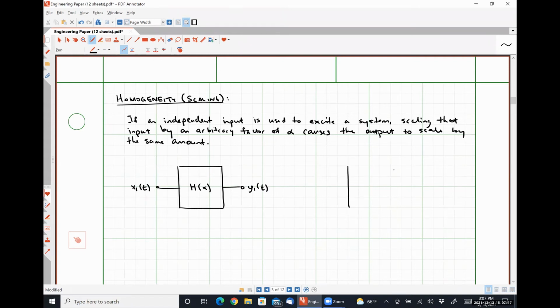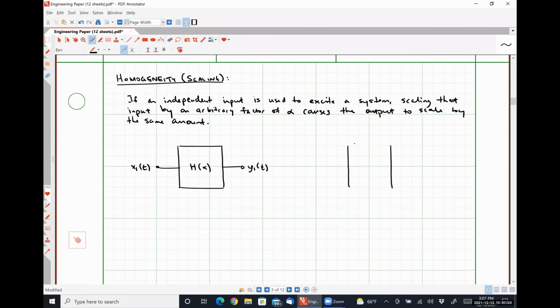If we take that same black box network and apply an input of alpha x1 of t, then we should observe an output of alpha y1 of t if this system obeys the scaling property. So effectively, if my system obeys the scaling property, if I double my input, my output should double. If I halve my input, my output should halve.